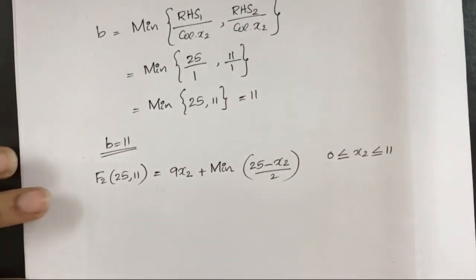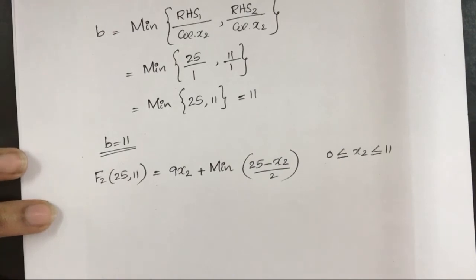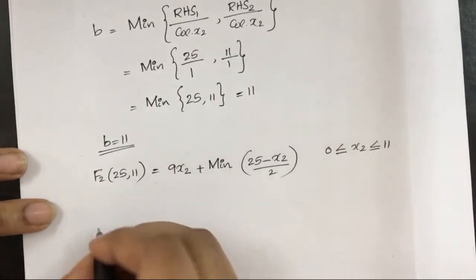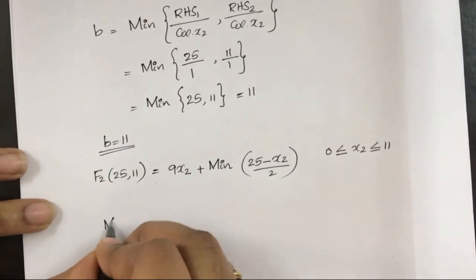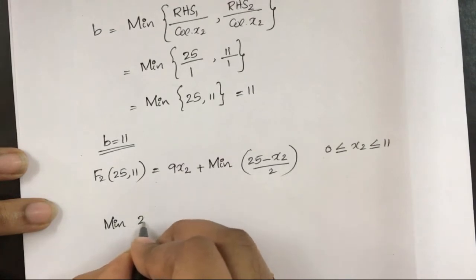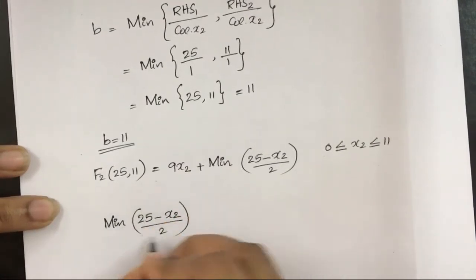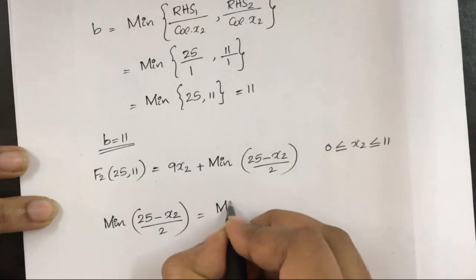Now we are going to find minimum of 25 minus x2 by 2.